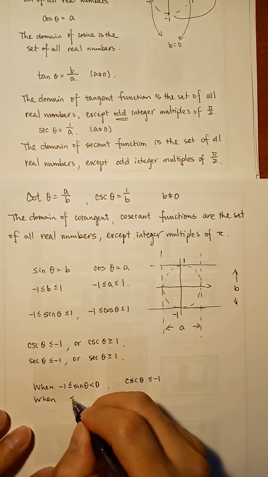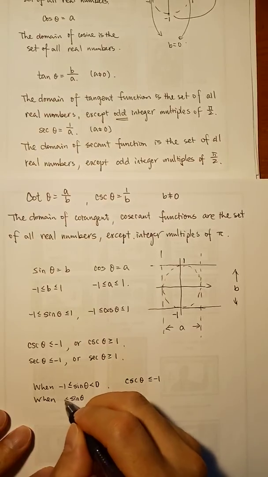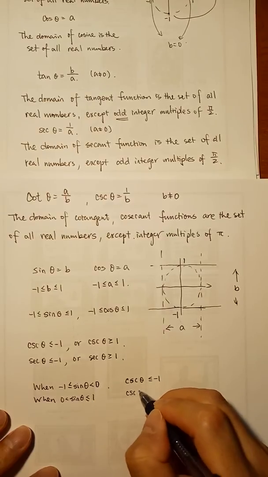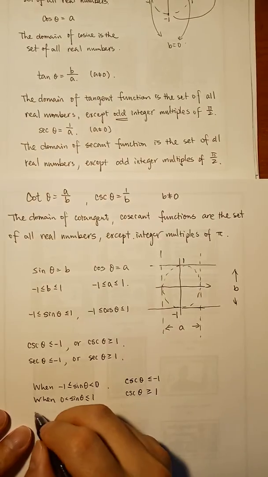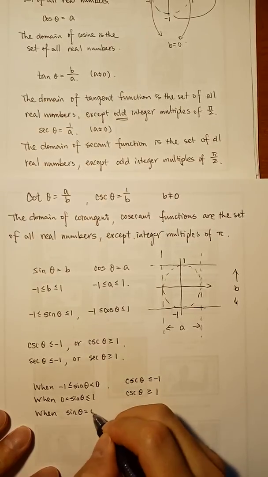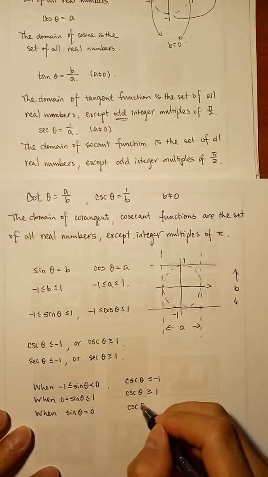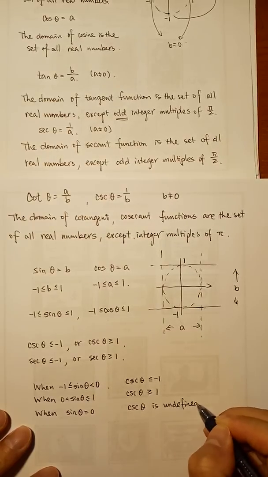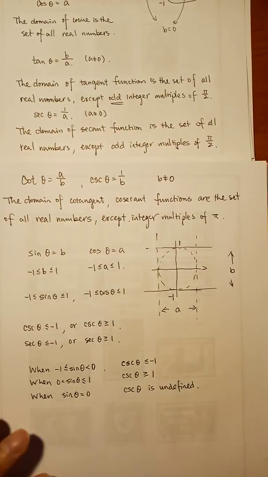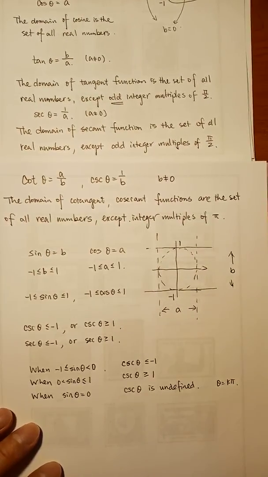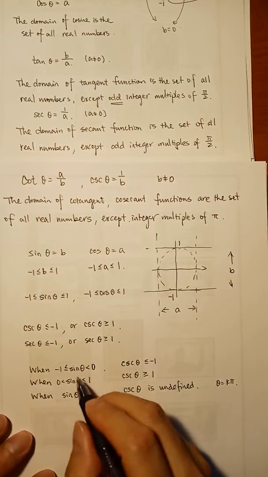When sine theta is greater than 0 and less than or equal to 1, cosecant theta is greater than or equal to 1. When sine theta is equal to 0, cosecant theta is undefined. In this case, theta is k pi, any integer multiple of pi. So this is for sine.